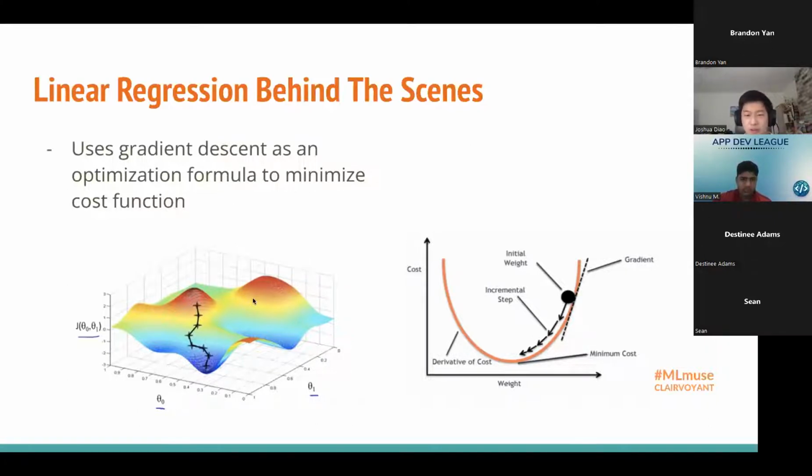It's often used on Google Maps and that kind of stuff. The red shade means a higher elevation, and the blue means lower elevation. We want to reach the lowest elevation, which is reaching the minimum cost of our cost function. This is the ideal path that we have to trace out.